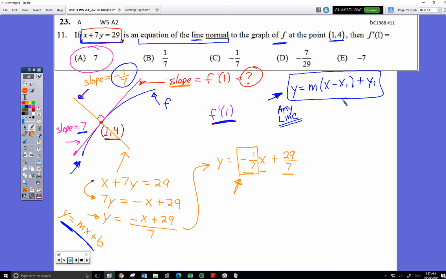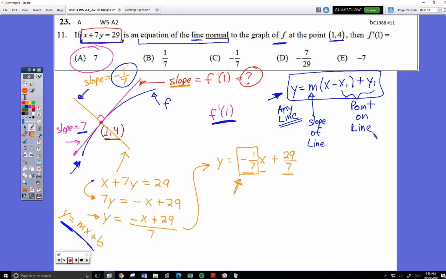I'll use that template. In the template, the m represents the slope of the line, and the x1, y1 represents a point on the line. There's nothing more that you really need to understand for this class than that. Does that answer your question?